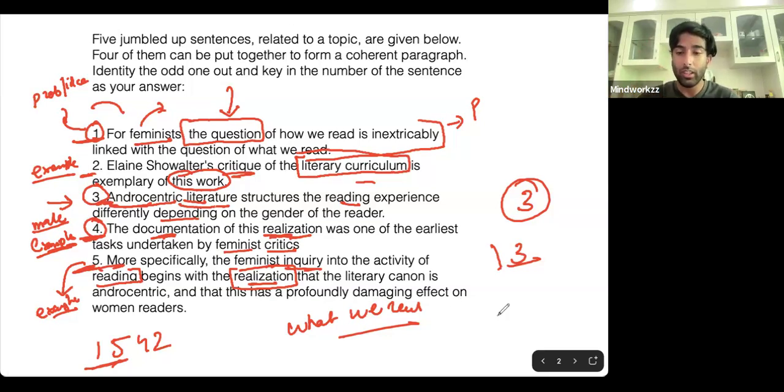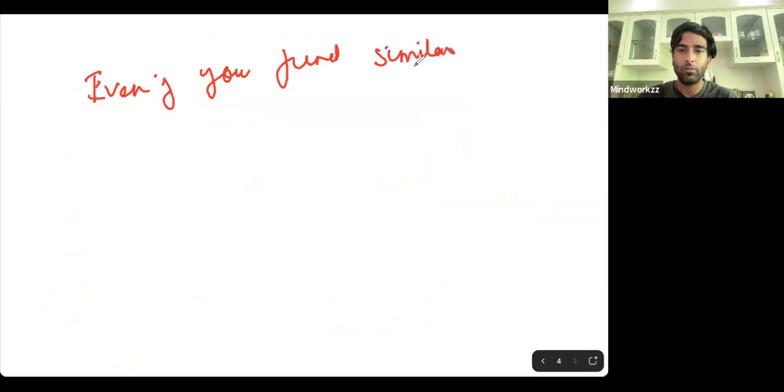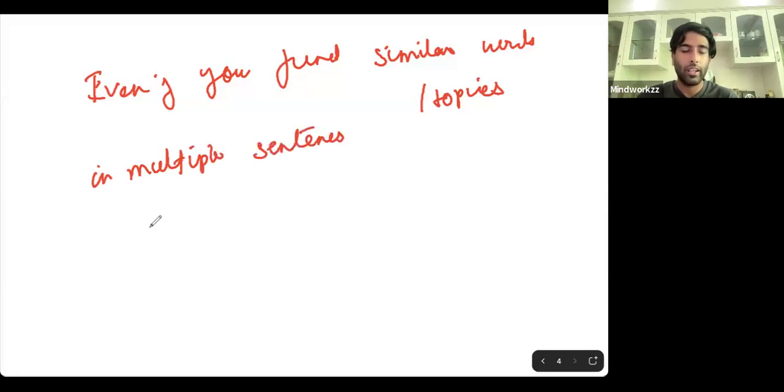The learning is, even if you find linked or similar words or topics in multiple sentences, it does not mean that they are linked.